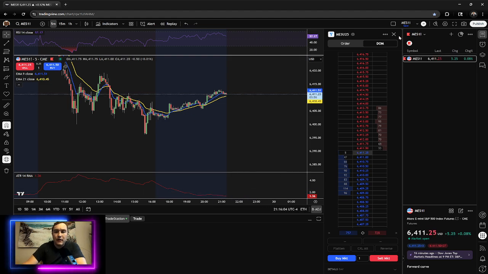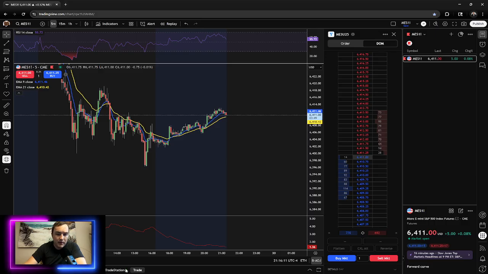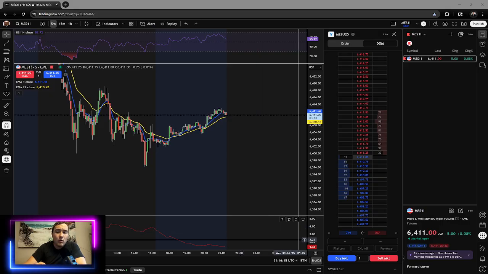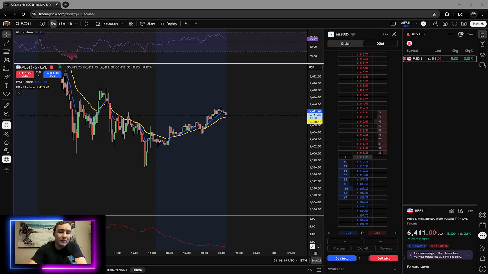And unfortunately, I'm not getting this to load properly for me, probably because I'm making a video. I use one ATR or one average true range as my stop loss, rounded up to the next tick. So I always round up to the next tick. And then I use a take profit that is exactly twice the stop loss.